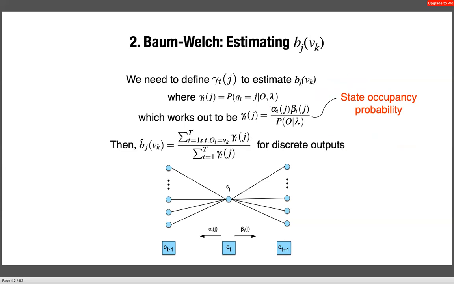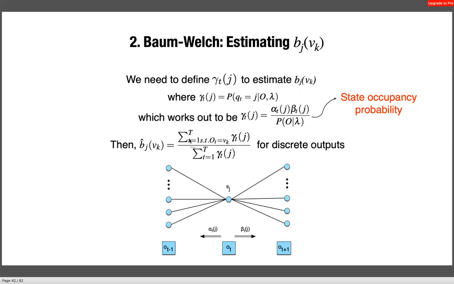And now to estimate the emission probabilities, which is b sub j of vk, you want to sum over all t's gamma t of j where the t-th observation is vk, because we're only interested in the probability of having emitted vk at the t-th time step.